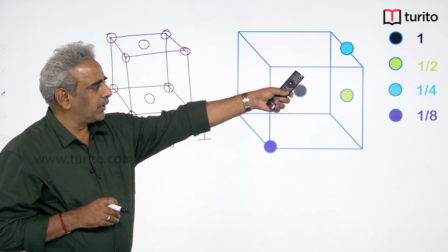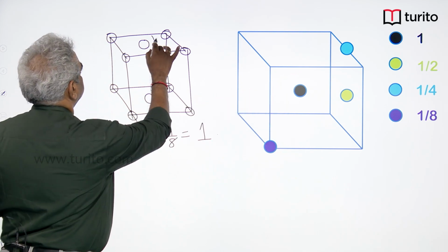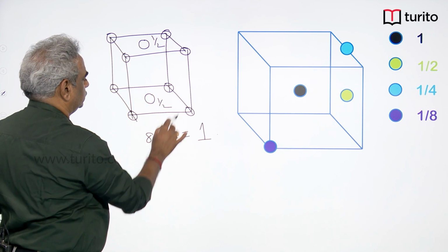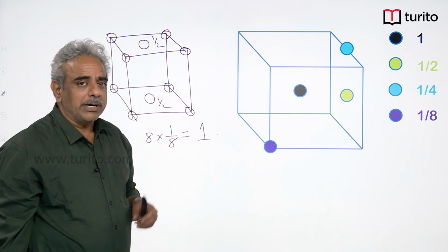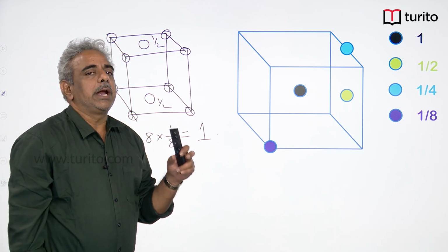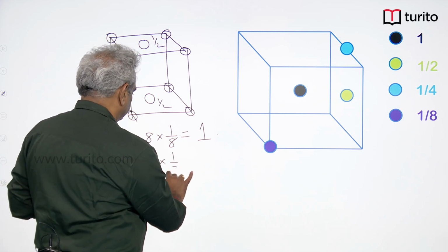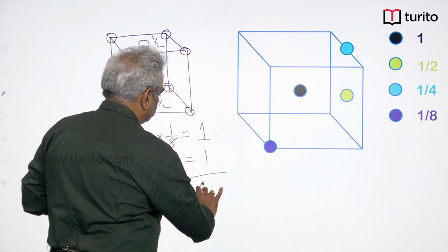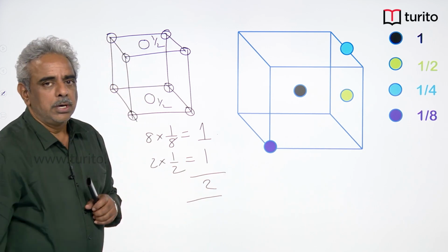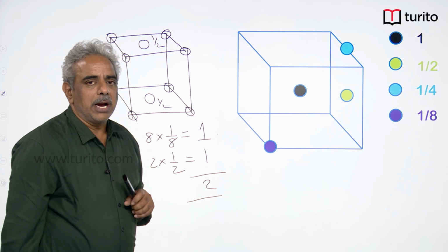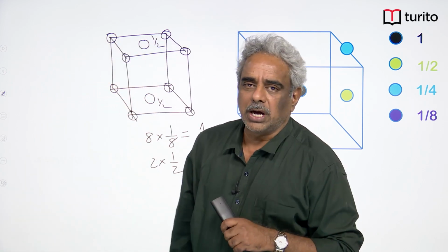What is the contribution of a face? Half. There are 2 face center atoms. Each face center atom contributes half. So 2 into half, 1. Total 2 atoms. So in this unit cell, how many atoms are there? If that is the question, the answer is 2.